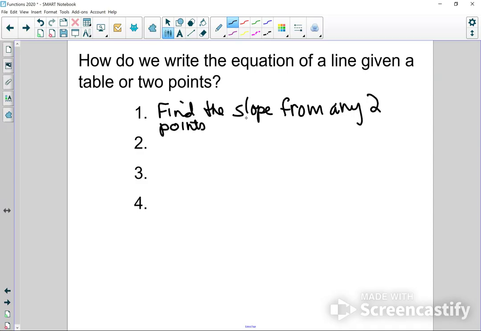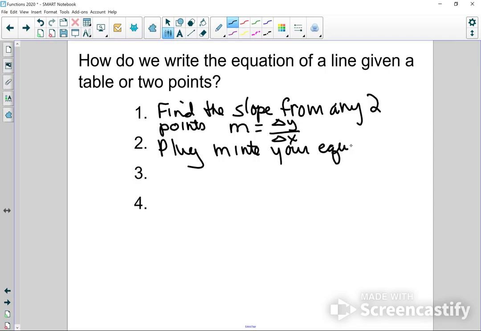Now slope is my m value, right? And that's going to be change in y over change in x. How much did the y change, up or down? How much did the x change, left or right? Once you do that, you're going to plug m into your equation.